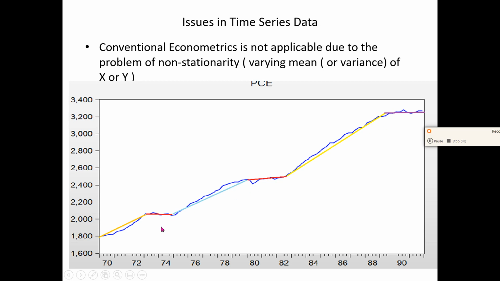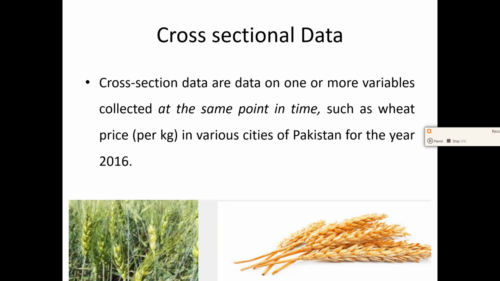So in very simple words, if the average and the variance of a series change over time or over different intervals, then that series is non-stationary. This non-stationarity issue is generally more pronounced in time series data. That is why the conventional econometric approach is not valid for time series data, but we will come to it later on.